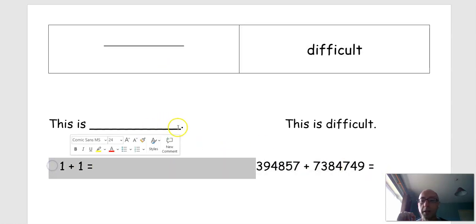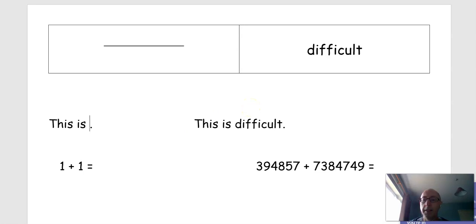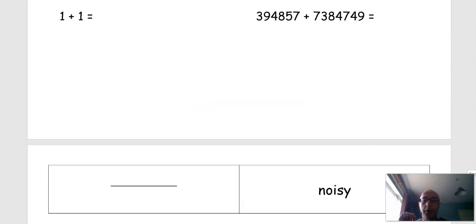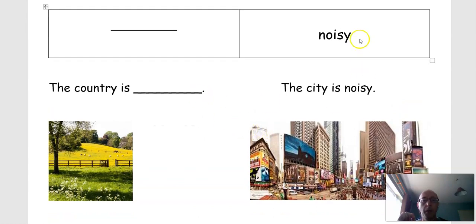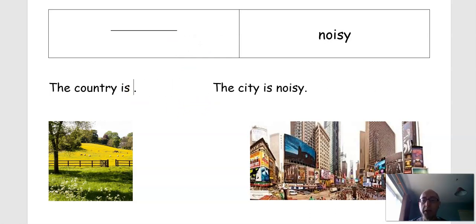This one is easy. Good. How do you spell easy? E-A is the E sound and S-Y. Okay, perfect. Next one. We have noisy, and what's the opposite of noisy? The opposite of noisy is quiet. Okay, so we have all of the opposites.